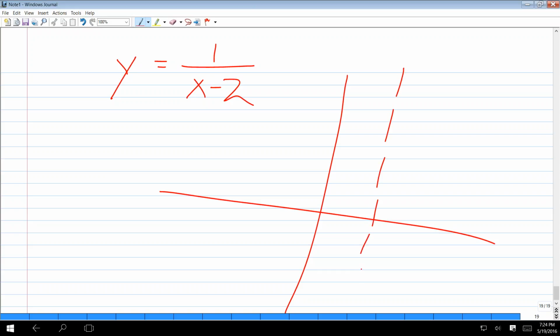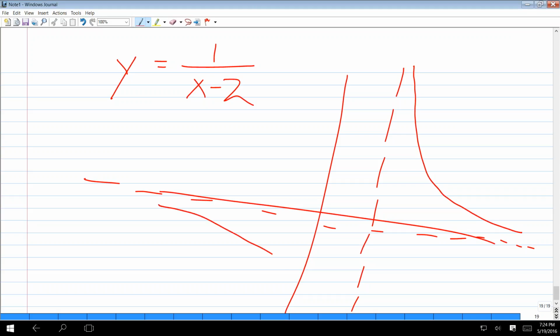You don't actually see it when you graph. And there's a horizontal asymptote at y equals 0. So I know this function's going to look something like this because it's hyperbolic in nature.